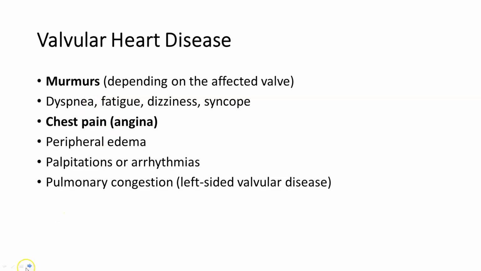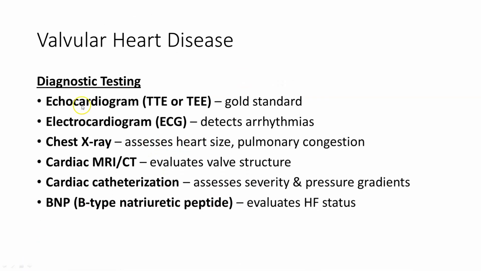So to get that information, we kind of expect them to have an echo, which we would consider the gold standard because it allows us to visualize the chambers, the valves, blood flow. A 12 lead, they're going to probably be on continuous telemetry, chest x-rays. We talked about MRIs and CTs.